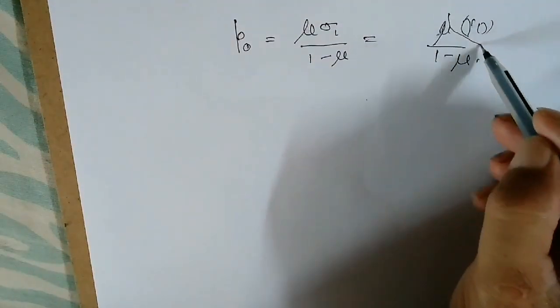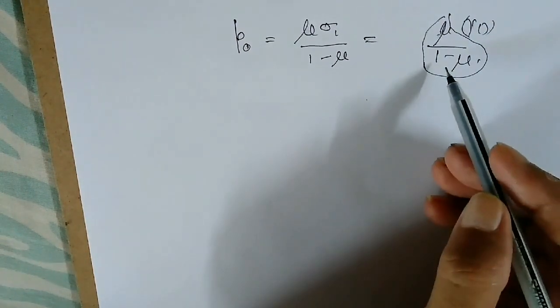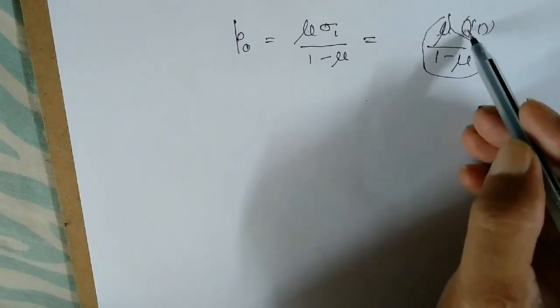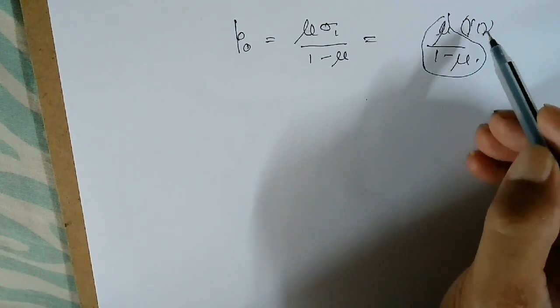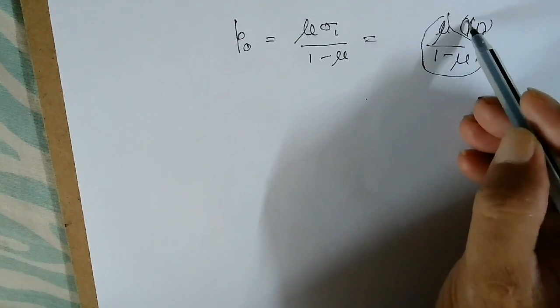Now if you look at this, this factor consists of only Poisson's ratio, whereas the other factor gamma D is variable. It varies with the depth and also with the density of the type of soil.